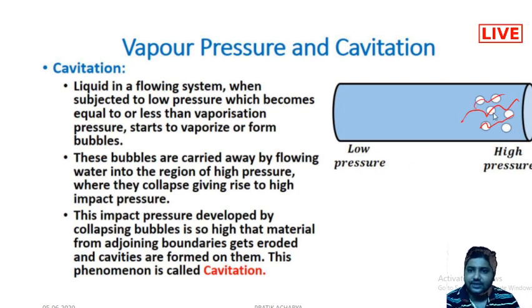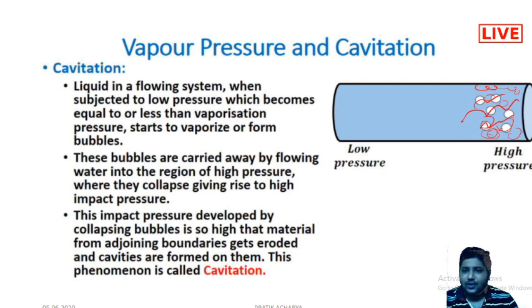During the burst, a very high pressure is created, due to which the pipe material is going to be eroded and a cavity will be formed. This is called cavitation. So cavitation is the effect of the vapor pressure.